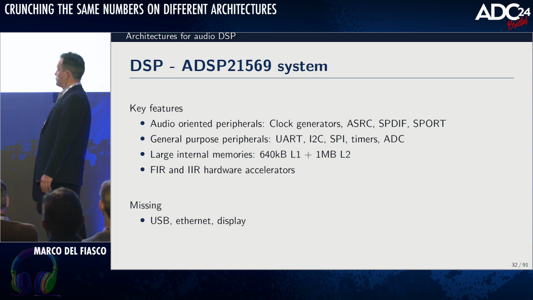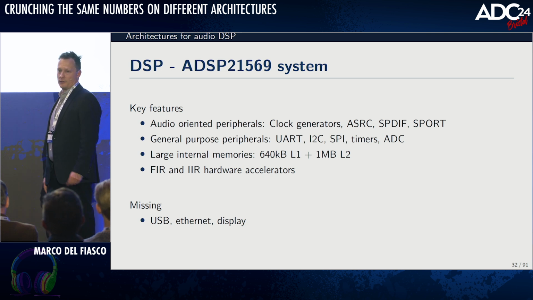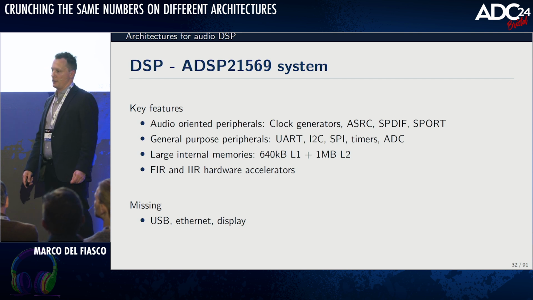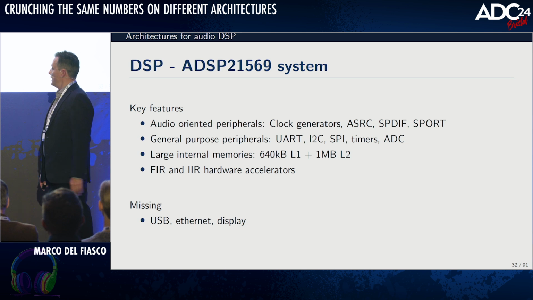There are general purpose peripherals like in a microcontroller: UART, I2C, SPI, timers, ADC converters for potentiometers. The internal memories are large enough, so 640 kilobytes L1 plus 1 megabyte level 2 memory. And as I mentioned, you have the accelerators.